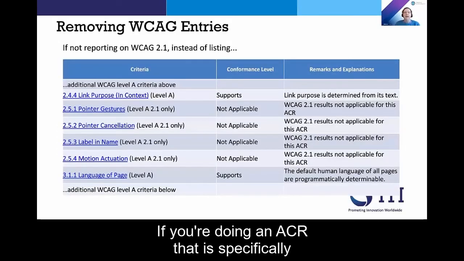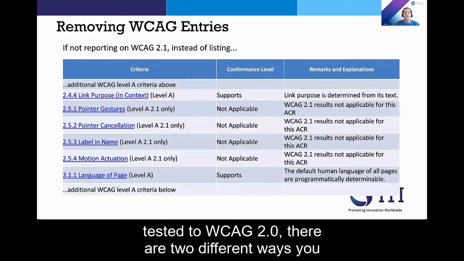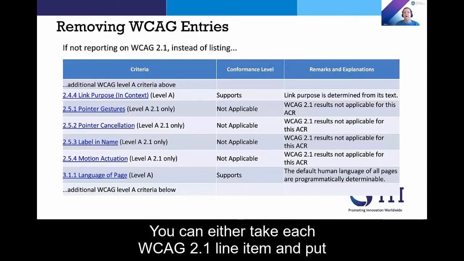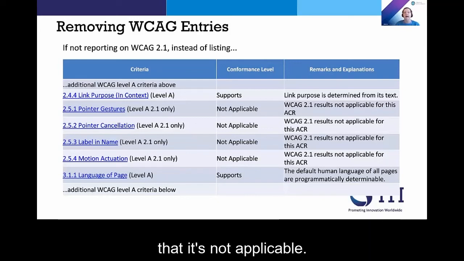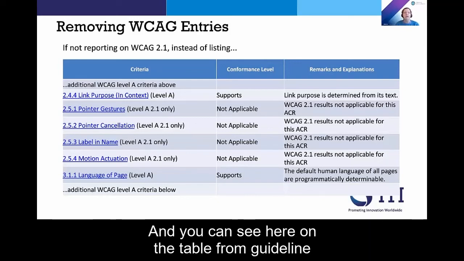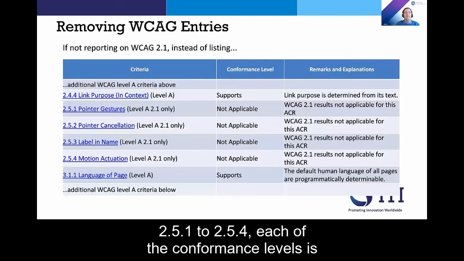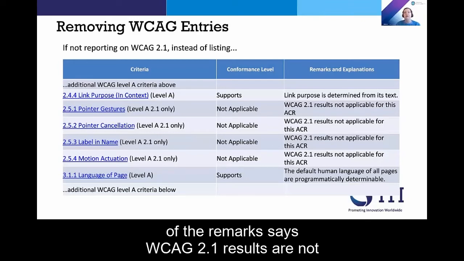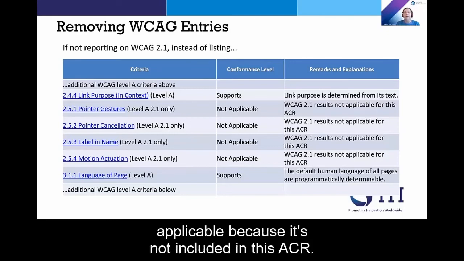If you're doing an ACR that is specifically tested to WCAG 2.0, there are two different ways you can handle the WCAG 2.1 results. You can either take each WCAG 2.1 line item and put that it's not applicable, and you can see here on the table from guideline 2.5.1 to 2.5.4, each of the conformance levels is listed as not applicable, and each of the remarks says WCAG 2.1 results are not applicable because it's not included in this ACR.